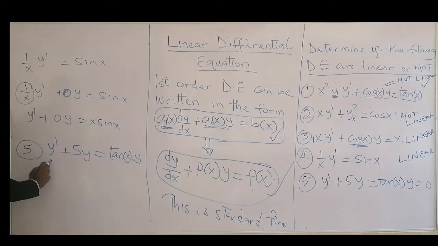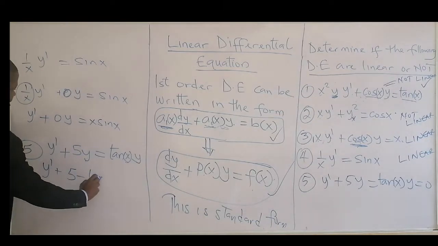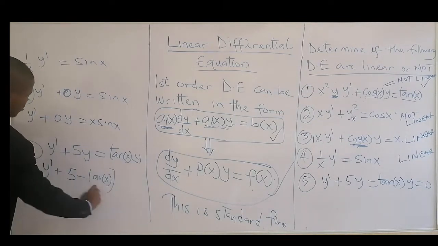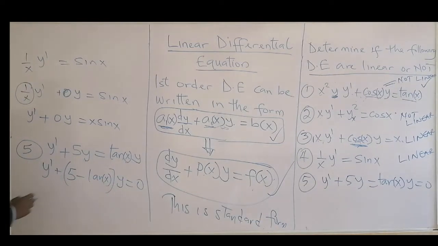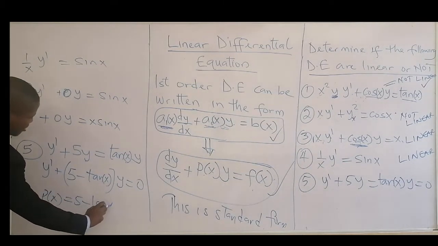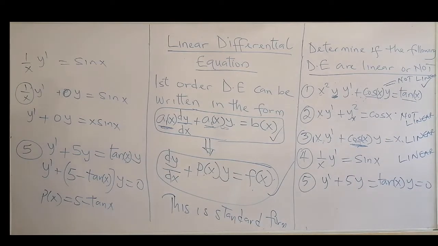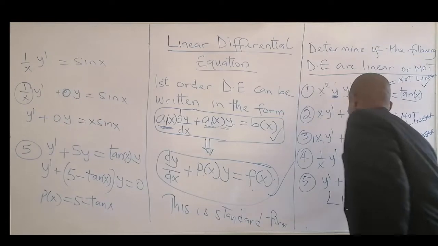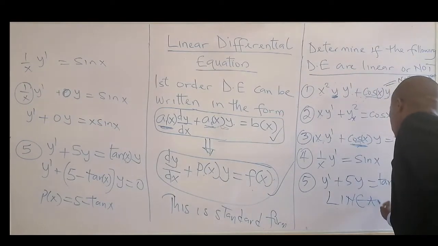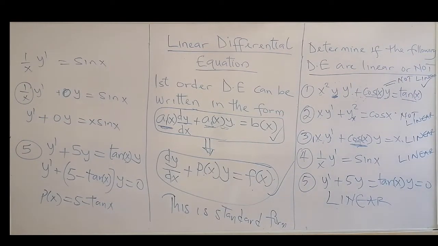We can bring them together: y prime plus 5 minus 10x times y equal to 0. So your p of x in this case is 5 minus 10x, and your f of x is 0. So number 5 is also a linear differential equation.